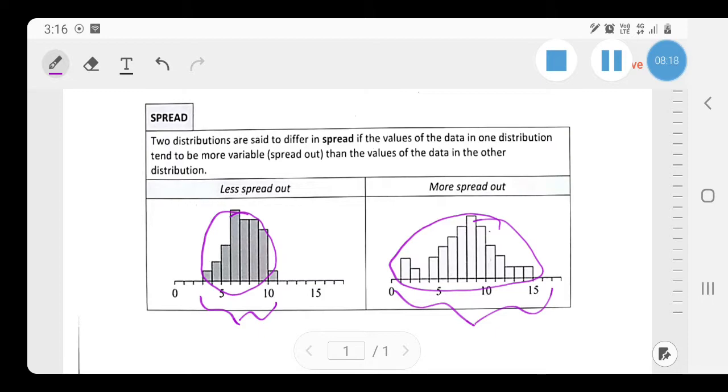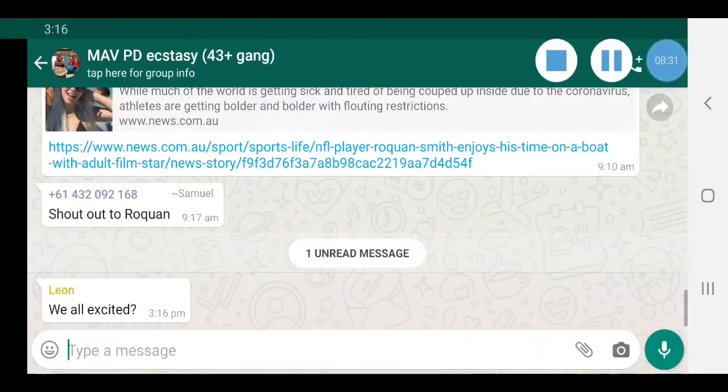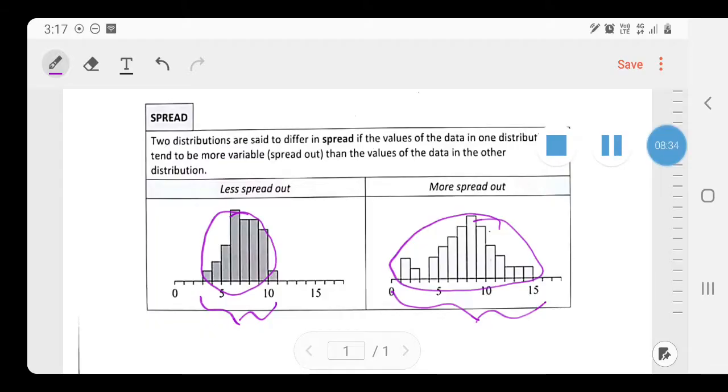Now, it might be the case sometimes that if you add up the corresponding frequency value of all of the columns here, now it might be the case that if we add up the frequency, which would require us to go across here to the frequency axis, if we added up the frequency of all of these columns, you might get exactly the same value as if you added up the frequency of all of these columns, even though one is more spread out than the other.